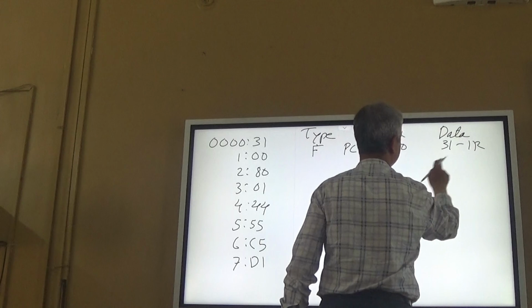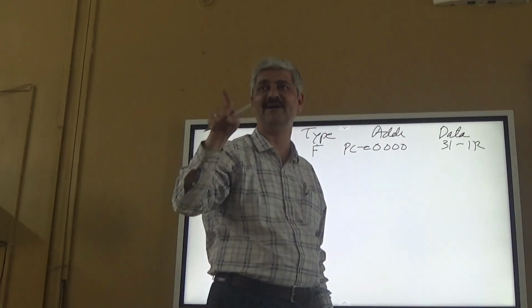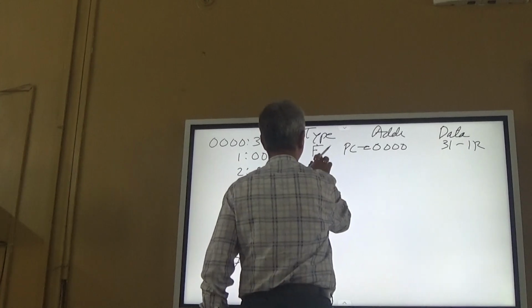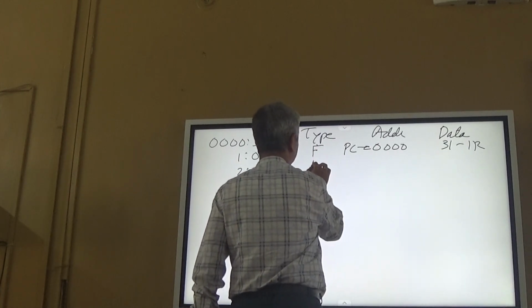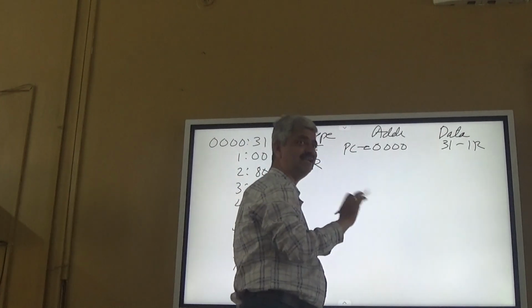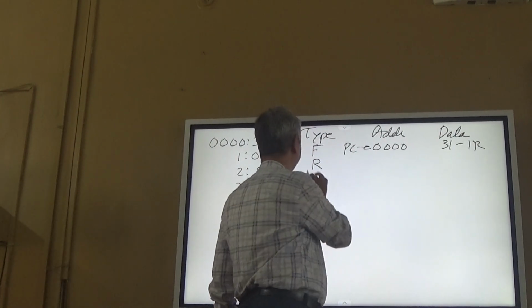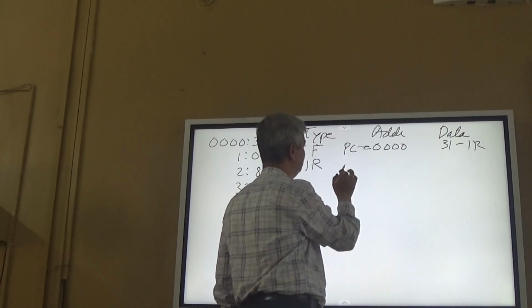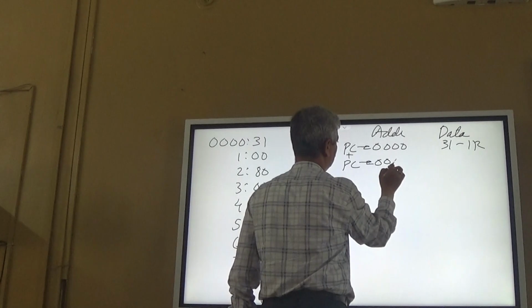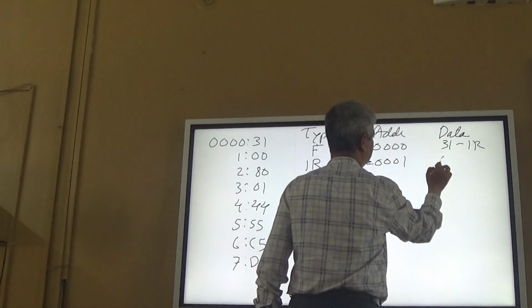31 is the opcode for which instruction? LXI SP. How many bytes? 3 bytes. So next would be a read, to be specific, instruction read. Program counter gets incremented, program counter giving 0001, data 00.